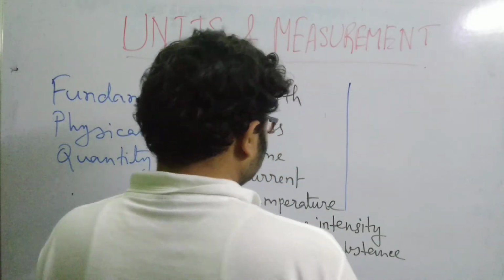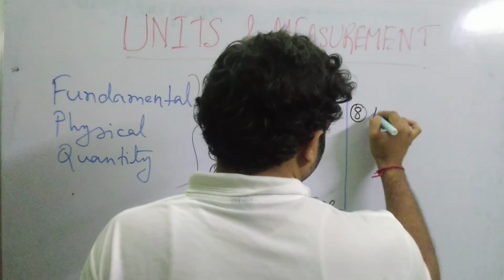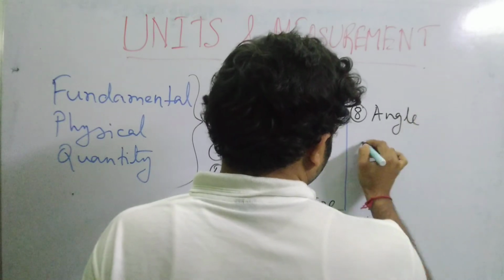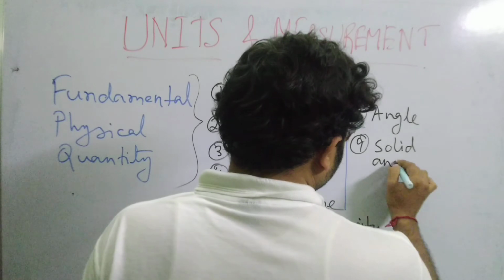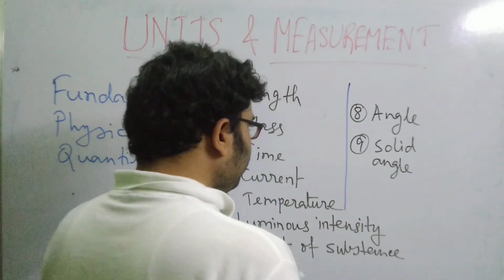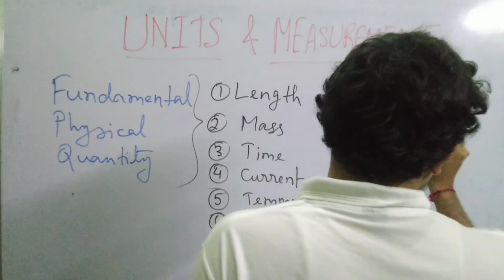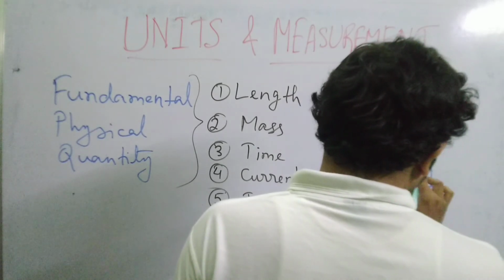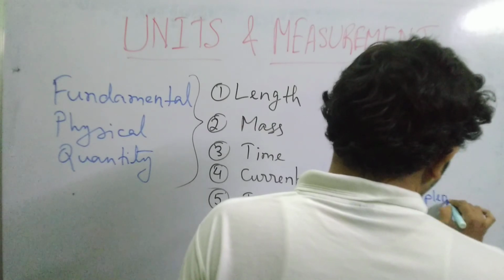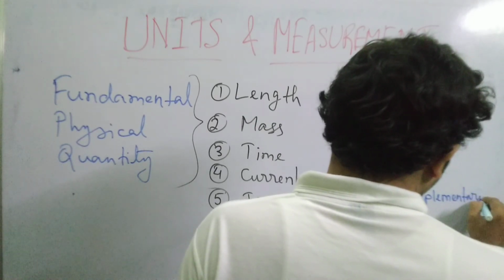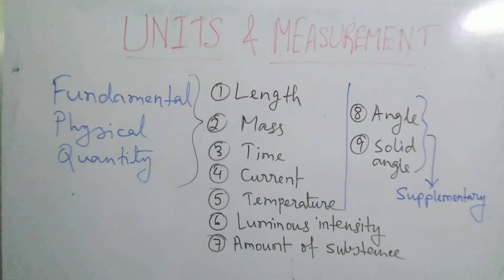Later on there were 2 more physical quantities: one is angle and the other one is solid angle. These are called the supplementary fundamental physical quantities. So these 7 plus 2, these 9 physical quantities, are the only ones which are fundamental in nature.